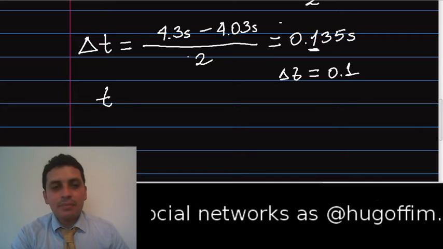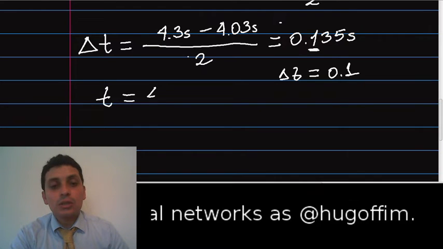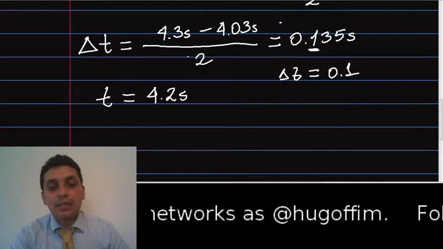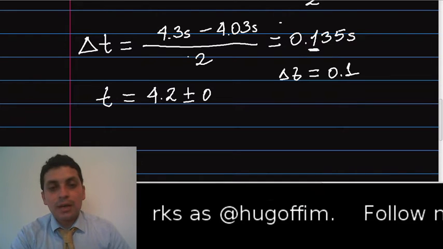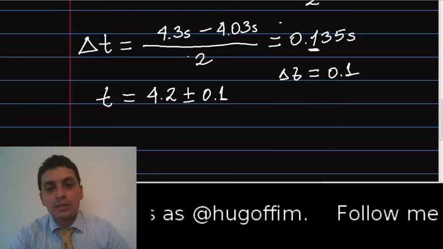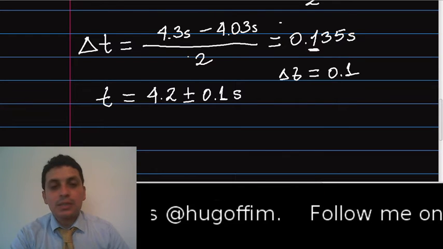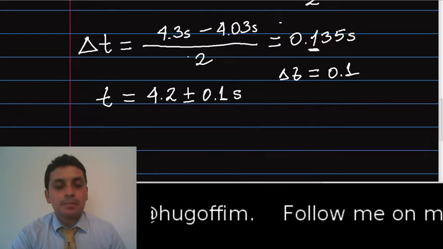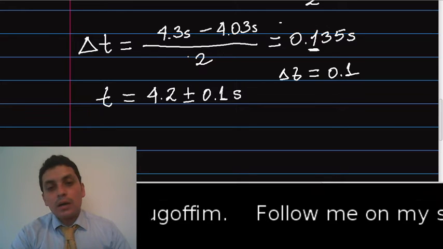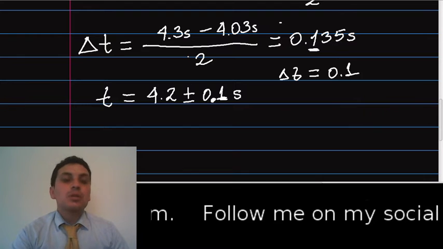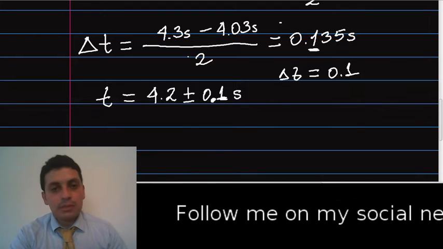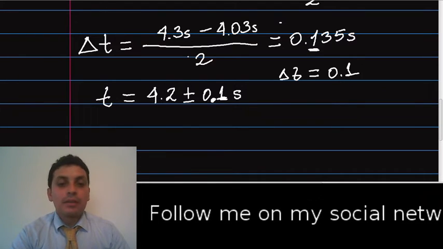So the time will be equal to 4.2 seconds, that is the average, 4.2 plus or minus the absolute uncertainty, that is going to be 0.1 seconds. This is the way we can decide what is the absolute uncertainty for our measurement when we have random errors.